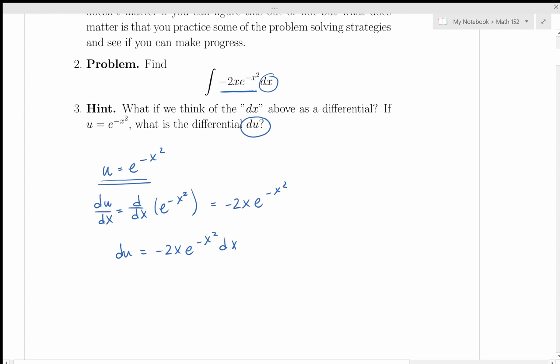So what I want to do is fully substitute this portion here, and I can see that actually what is sitting there is in fact just du.